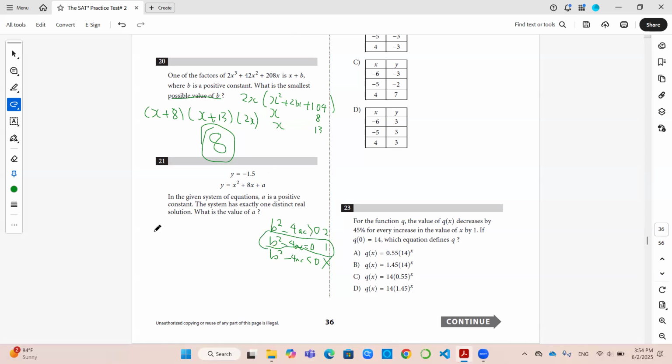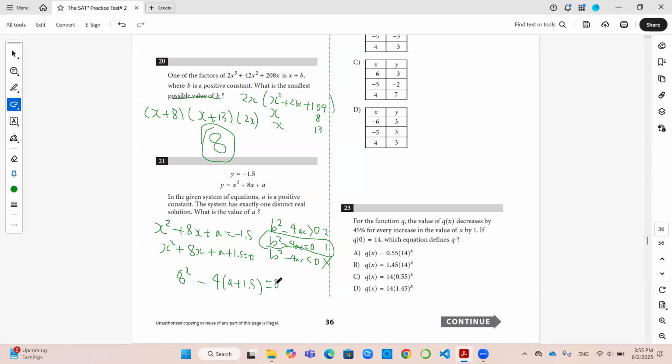So I'm going to set these equal to each other. So x squared plus 8x plus a is equal to minus 1.5, so x squared plus 8x plus a plus 1.5 is equal to 0. b squared minus 4ac, so 8 squared minus 4 times 1 times this guy over here. So this has to equal 0.